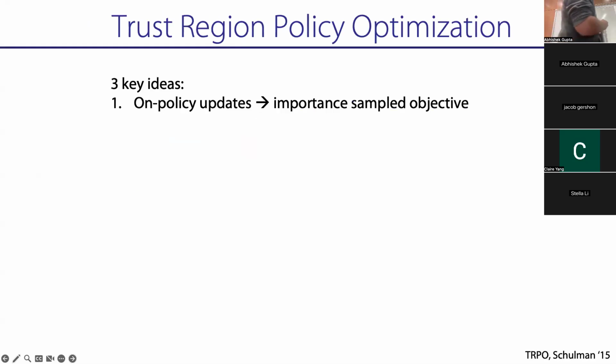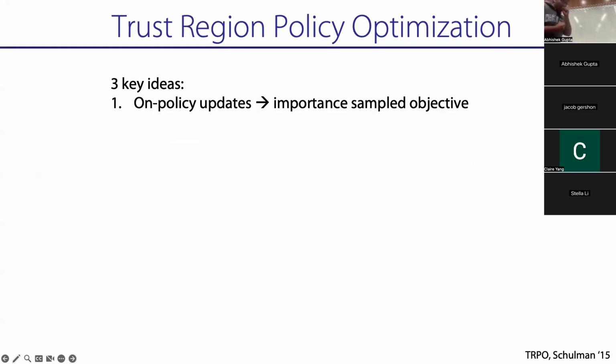And so there was an algorithm that John Schulman proposed back in 2015 called trust region policy optimization, which I think is a really cool algorithm, but it's a bit complicated. So we're going to go through that, and then we're going to simplify it to PPO, which is what people use.